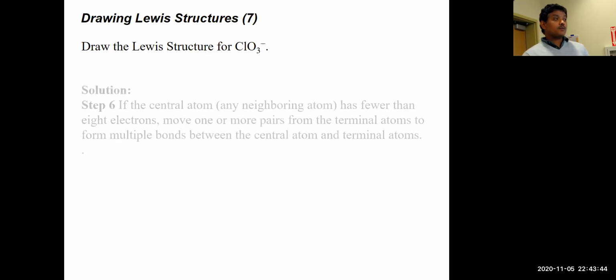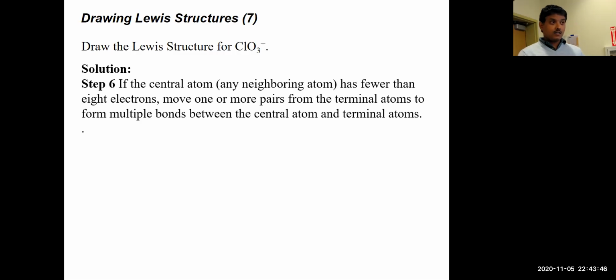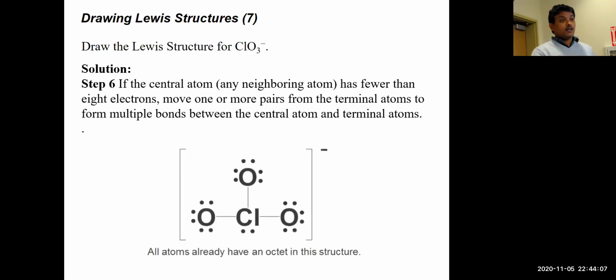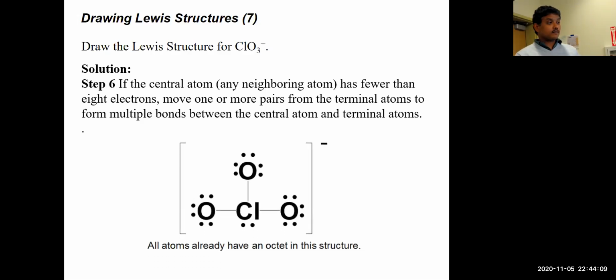Let's see step 6. Let's see if we have to go on or not. In step 6, if the central atom or any neighboring atom has fewer than 8 electrons, then move one or more lone pairs from the outside element, the most electronegative element, to inside. Is it needed here?